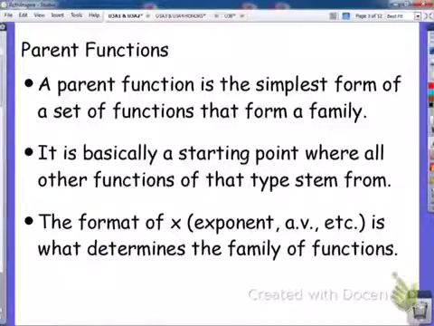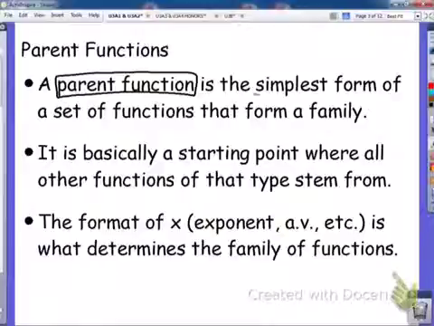A parent function is the simplest form of a set of functions that form a family. The simplest form of a family, right? You get the basic function, and then from that basic function, you get all sorts of variations.